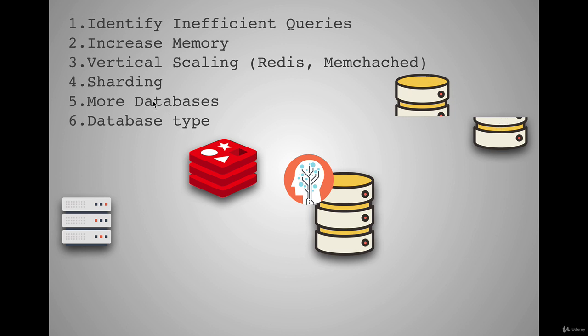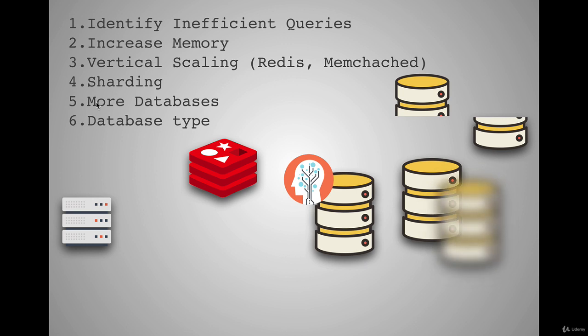Another thing we can do is adding more databases to the problem. So by having multiple databases, we can simply have more options here. If 1,000 users are requesting user information at the same time, instead of giving 1,000 requests to this database at the same time, why not give 333 requests to this one, then 333 to this one, and then 334 to this one, and distribute the load.